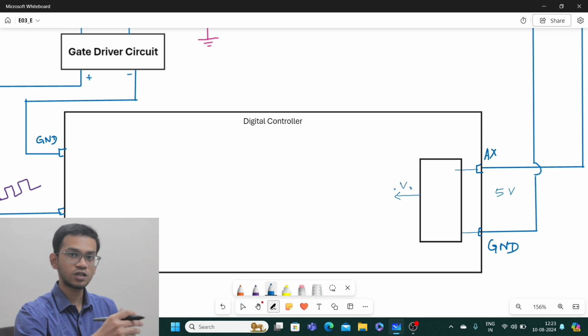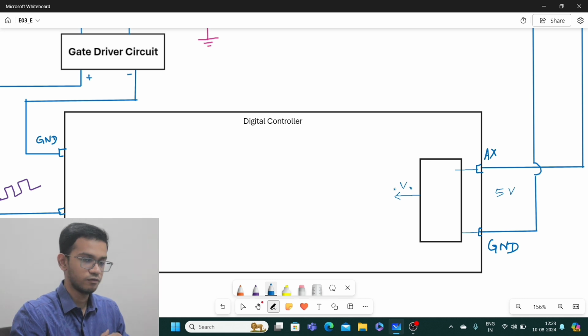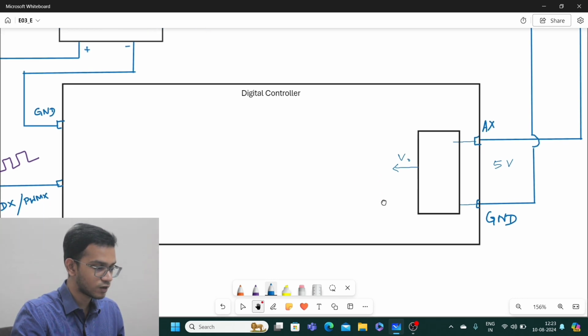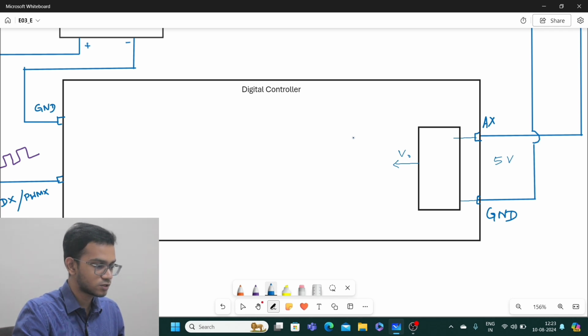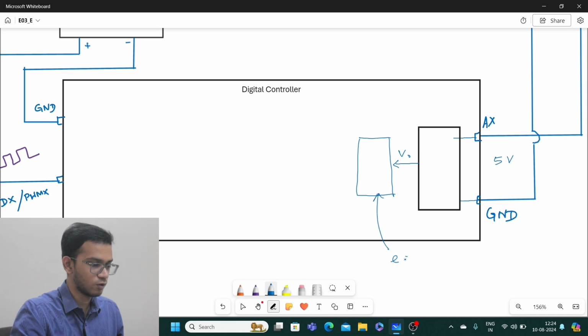Just like we computed the error there, we compute the error here. But understand something, computation of error here becomes a very simple process. It's not as complicated as it was earlier. We simply write error equals V reference minus V0.